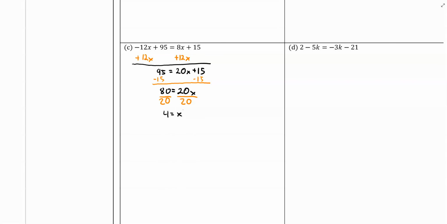Whereas if you solve the problem using my method of killing the smaller x, you're less likely to make a mistake.